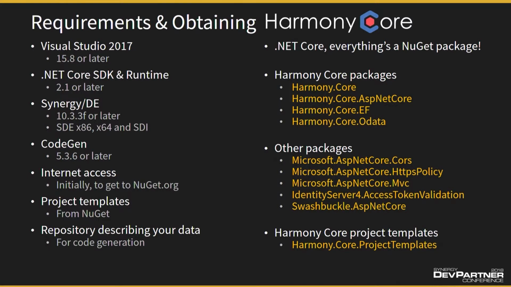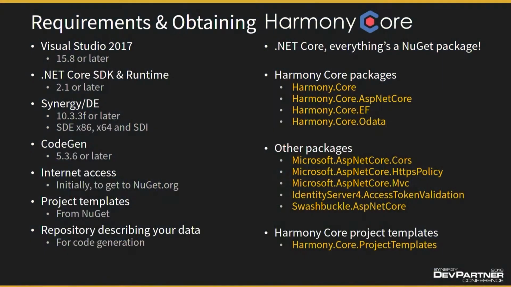In terms of the Harmony Core packages themselves, there are 4 packages that are part of the core environment. If you decide not to use our project templates and just go ahead and create a file new .NET Core application, these are the 4 you would have to reference. And there's various others depending on whether you decide to do CORS support for cross-domain stuff like Richard was talking about.